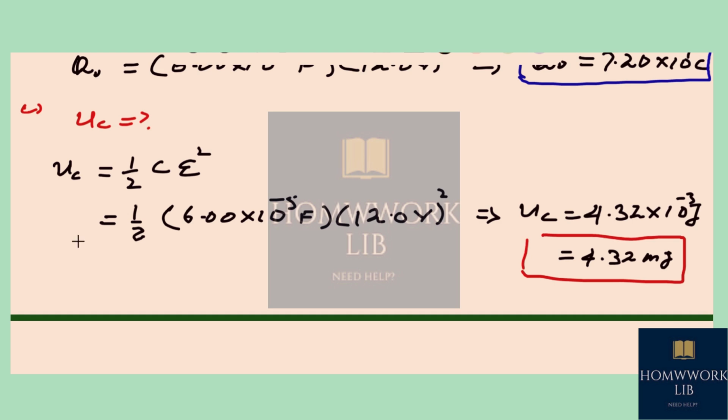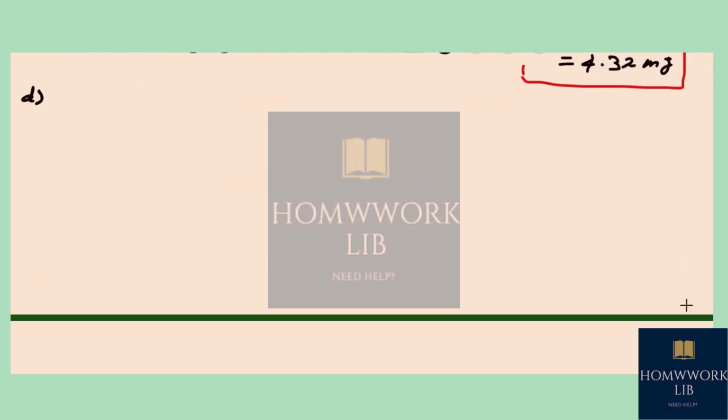In part D of this problem, we are going to calculate the charge on the plates of the capacitor at the given instant of time, that is small q. The charge on the plate at any time is written as small q equals Q naught cosine of omega t plus phi.